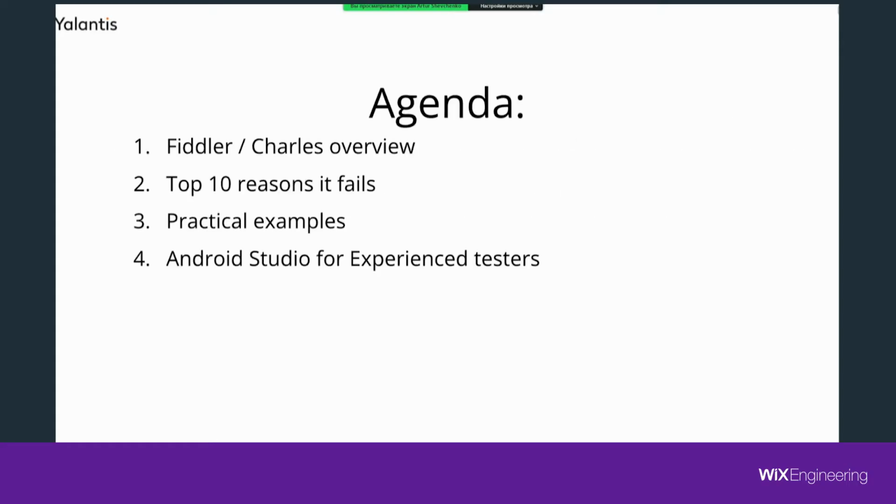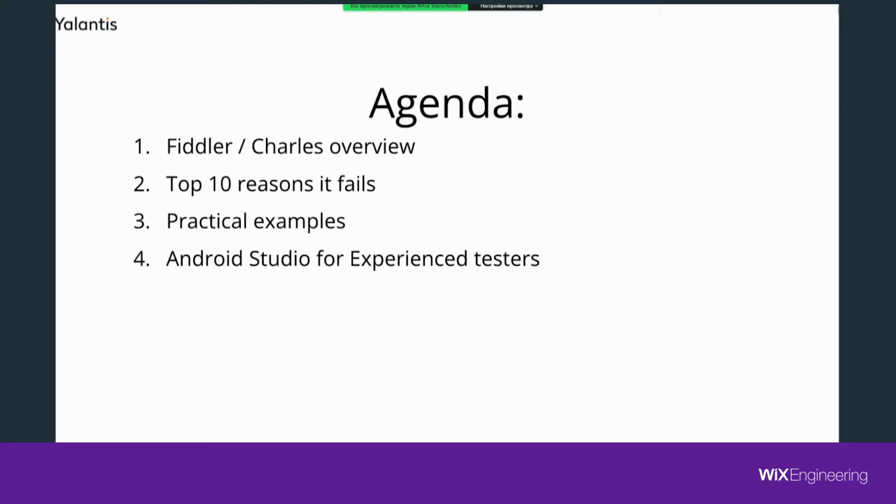So here's our agenda for today's talk. First of all, there will be a brief overview of tools like Fiddler or Charles. Next, we will consider the top 10 reasons why I cannot see any traffic from my mobile device.